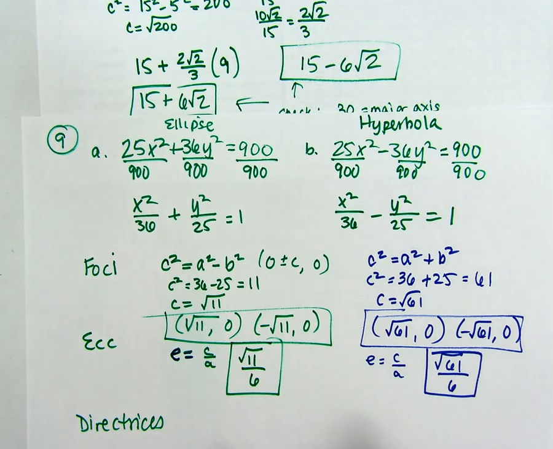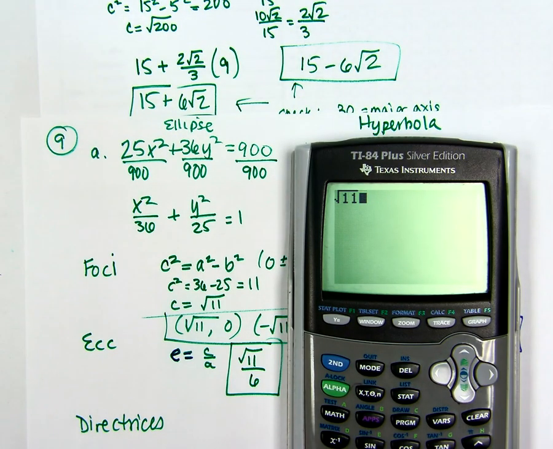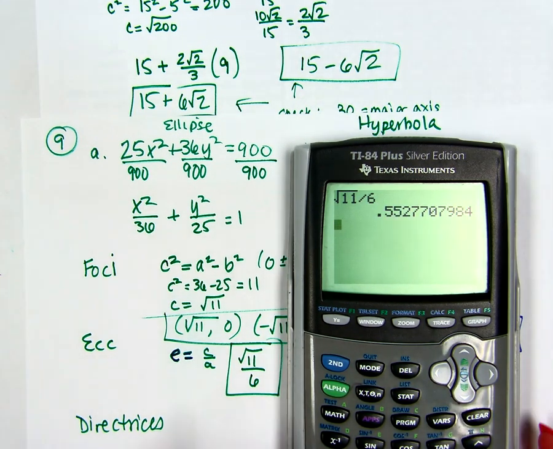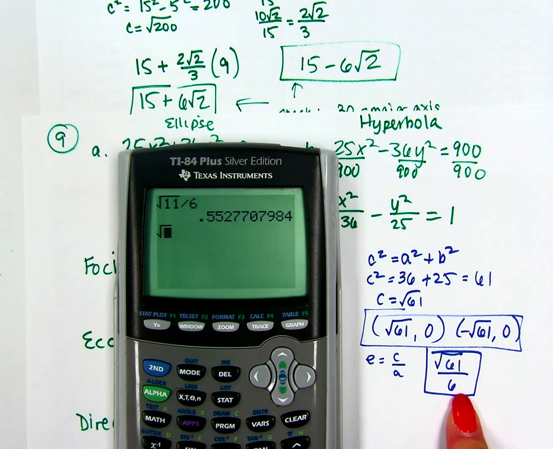Now remember, we said that the eccentricity should be between 0 and 1 for our ellipse, and should always be greater than 1 for our hyperbola. So just as a reminder, checks out.